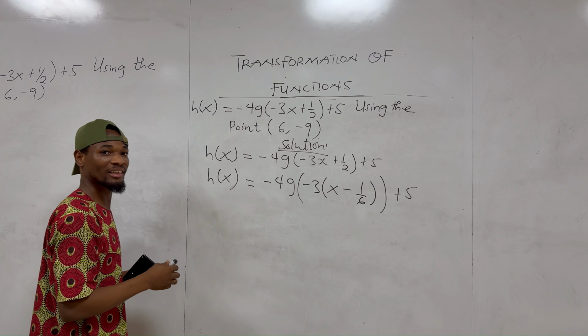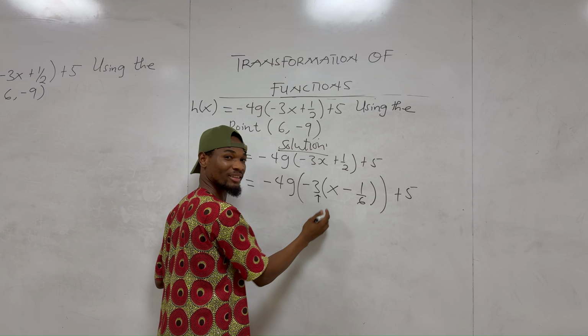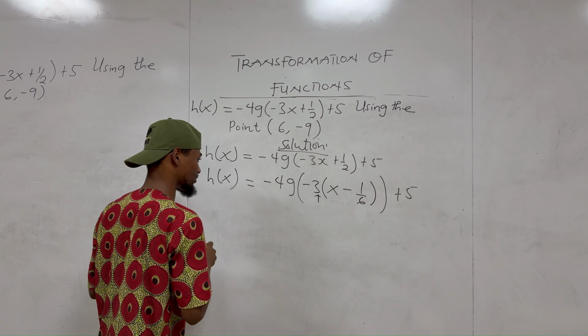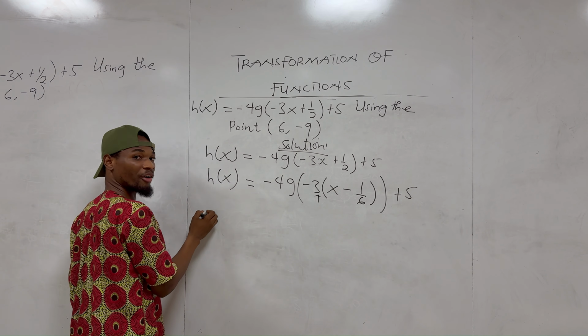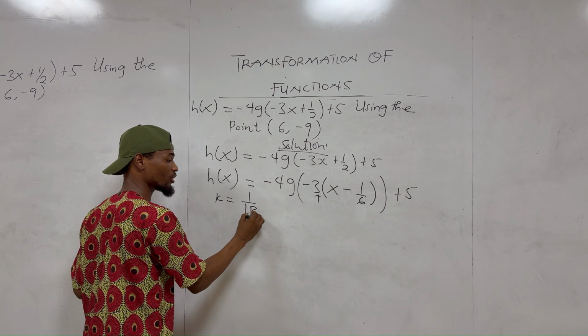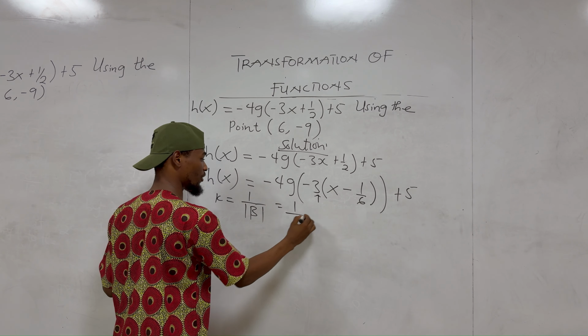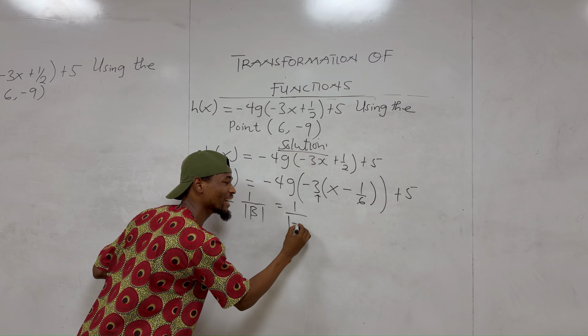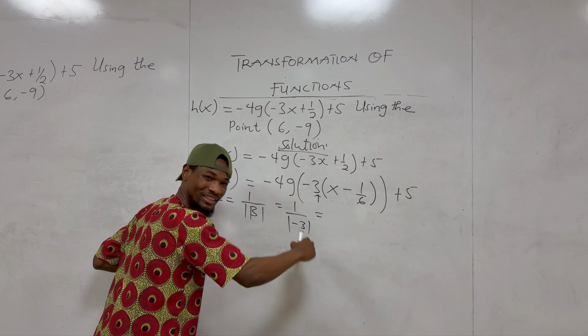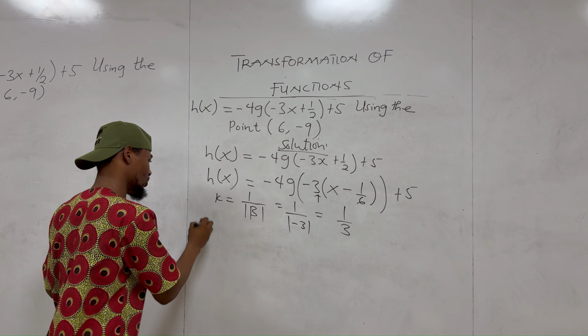So having done this, let us now apply the principle. Let's first focus on this. We want to find k. So k is equal to 1 over the absolute value of b. So I have 1 over the absolute value of negative 3, which becomes positive 3. So I have 1 on 3.